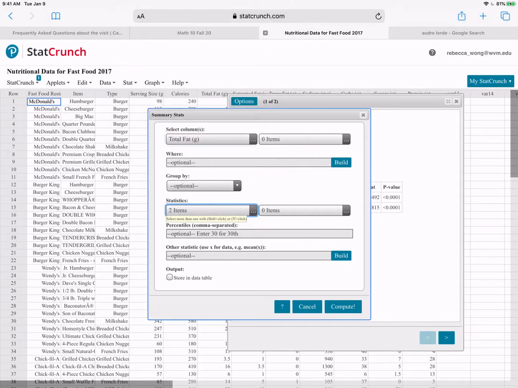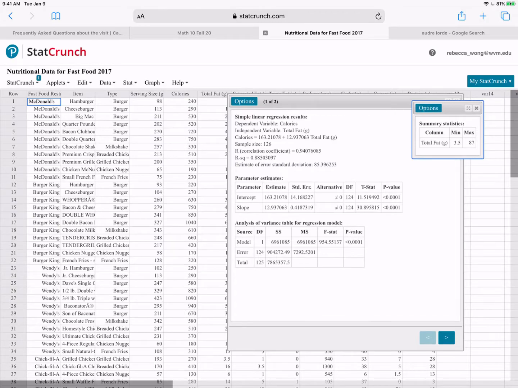All right, so if we go to compute, we can see that the smallest x value is 3.5, and the largest one was 87. So any number within the scope of that data, between 3.5 and 87, would be okay to use the regression equation for. You can go out a little to the right and a little to the left, but not very far.